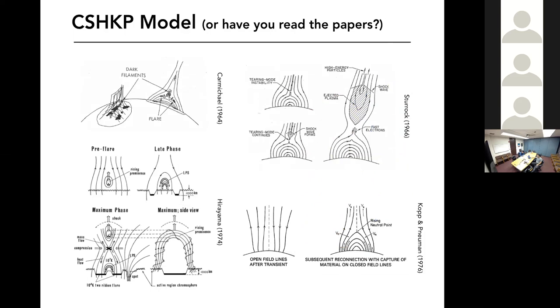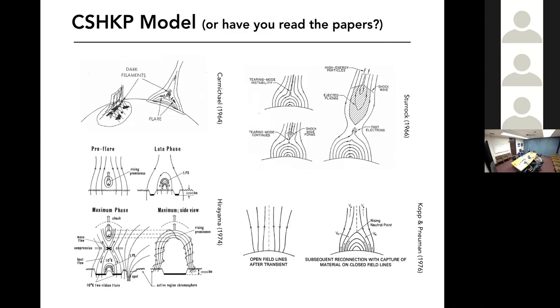So for this course, we are more interested in the magnetic field configuration or the processes that are relevant to flares. So the most cited flare papers are probably this set of 4 papers authored by Carmichael, Sturrock, Hirayama, Kopp, and Newman.